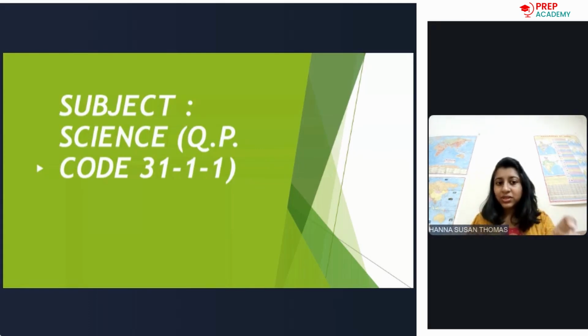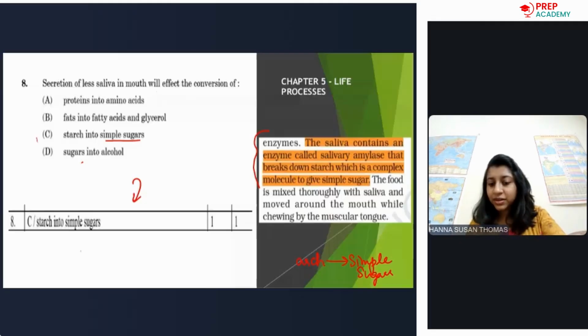You can see here, it's code 3111. That is the first set of science question paper. From this first set, we can go through the biology questions that have been asked here. Our biology starts from question number 8.